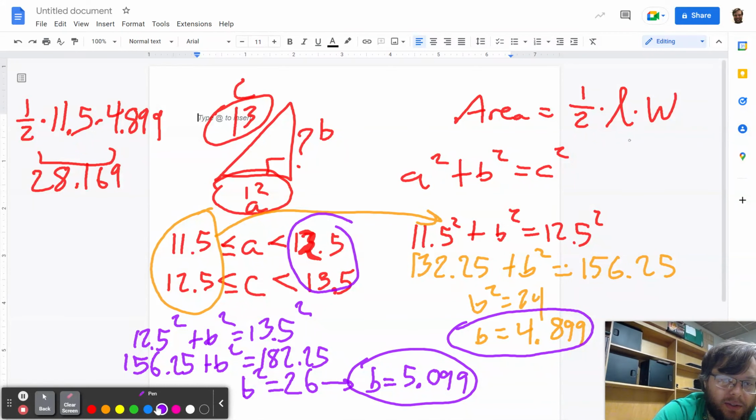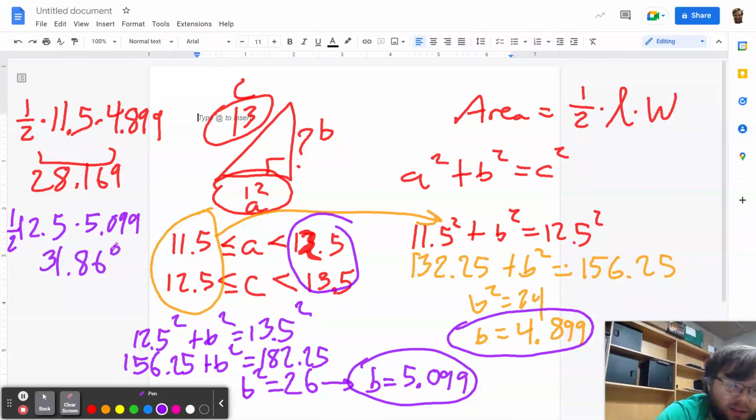My upper bound is going to be 12.5. Oops, I got to get a 1/2 in front of that. 1/2 times 12.5 times 5.099. And that gives me 31.869.